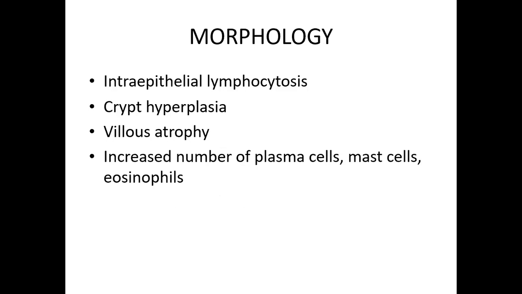So the morphology of celiac disease: the microscopic appearance is characteristic. Often the second part of the duodenum is the place of choice for taking an endoscopic biopsy. And sometimes the proximal jejunum, which is exposed to the highest concentrations of dietary gluten.